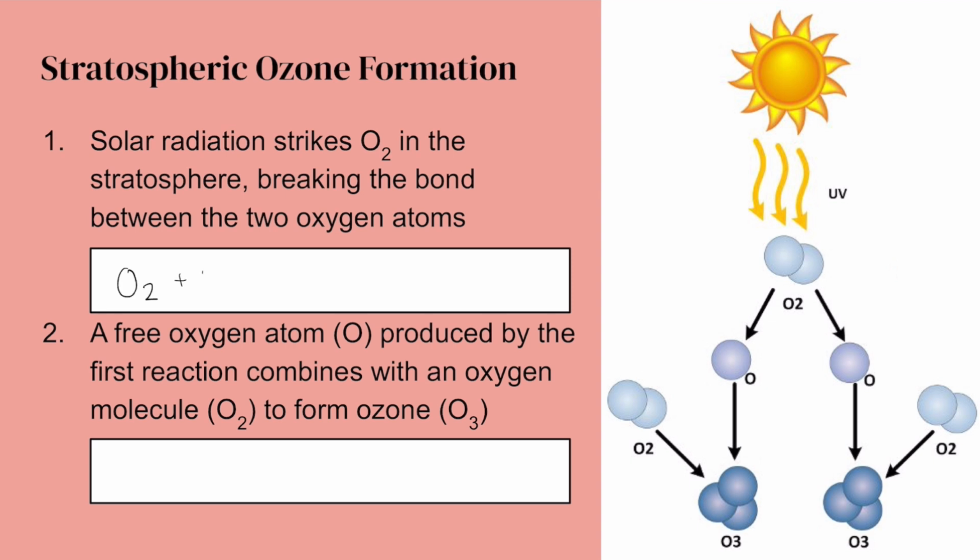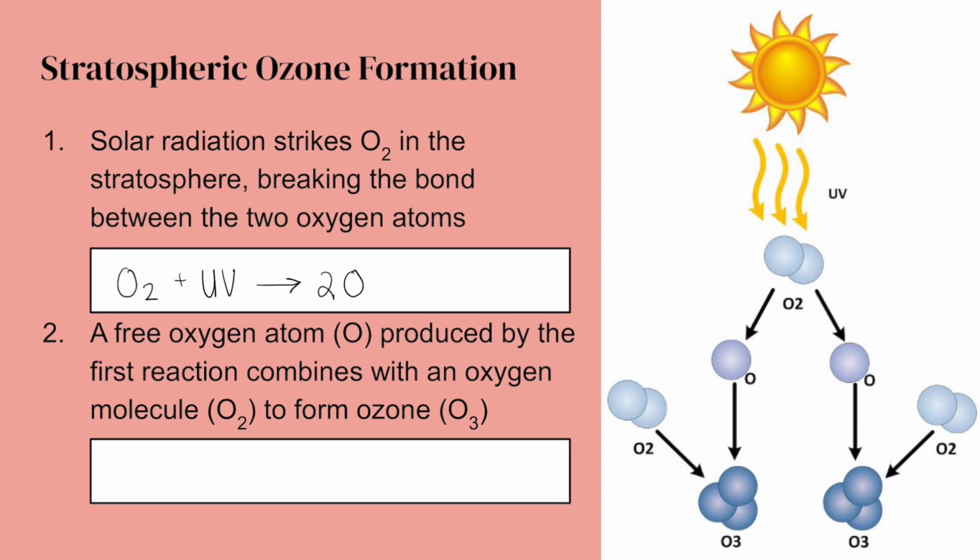We have UV radiation coming in, and it's really important that you know that it's UV radiation. You don't want to just say sunlight. You want to say specifically that it's UV radiation. And that breaks down into 2 atoms of oxygen. So you can write it like that, or you can write it as 2O. Just know that this is an O and not a 0.